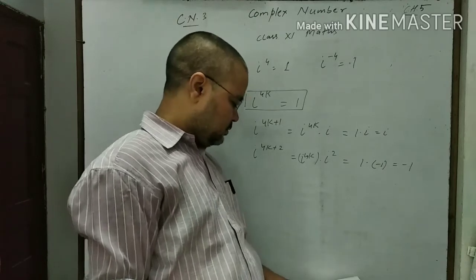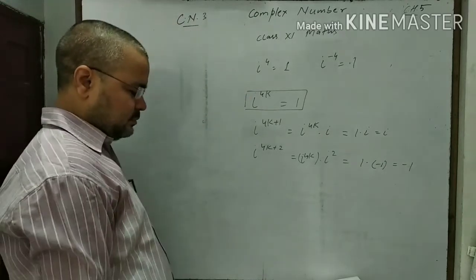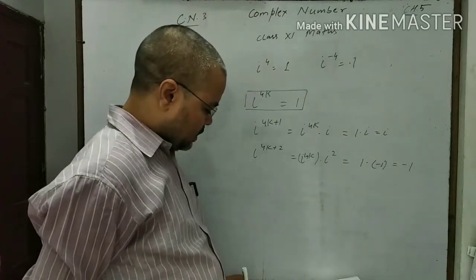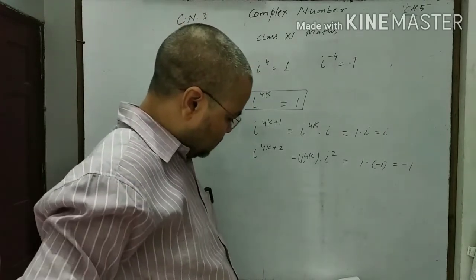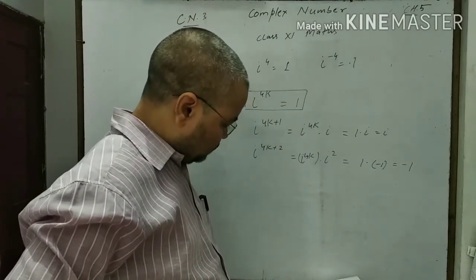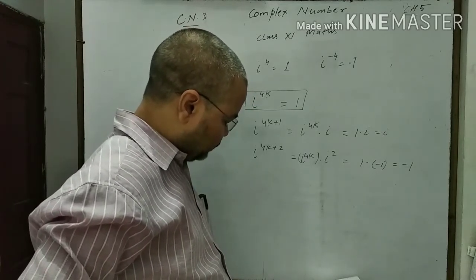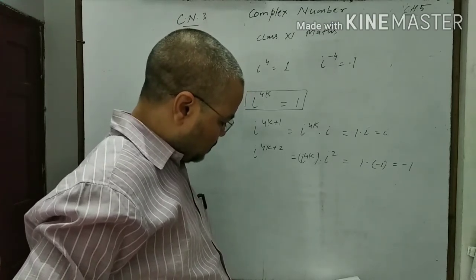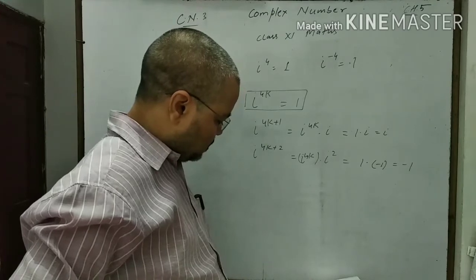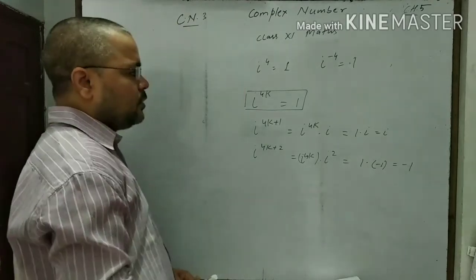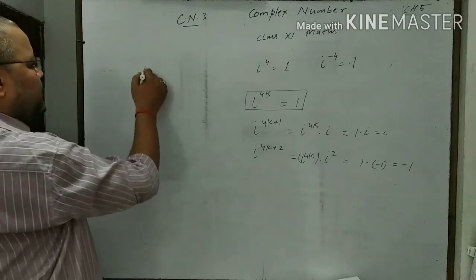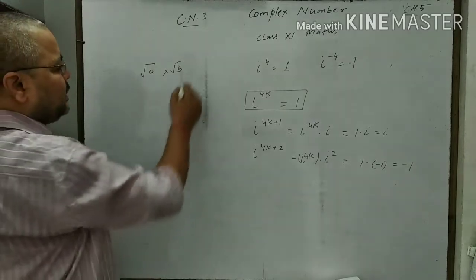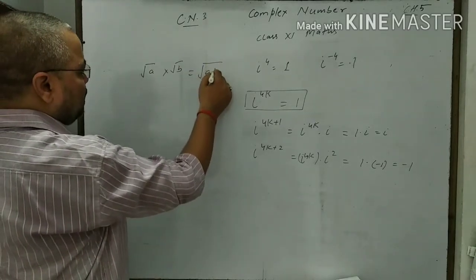Now, here I am going to explain a very important thing. We know that if we have under root A into under root B, then it can be written as under root AB.